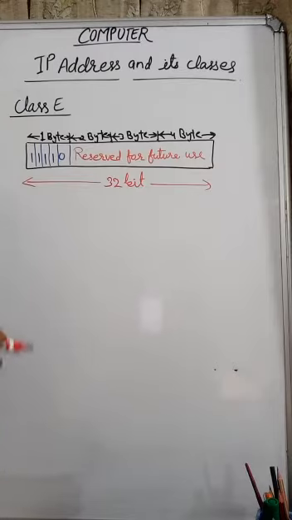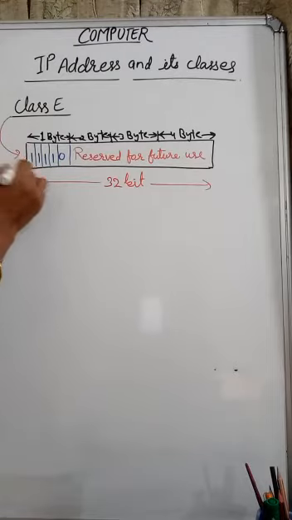The first 5 bits define the class. See the example.